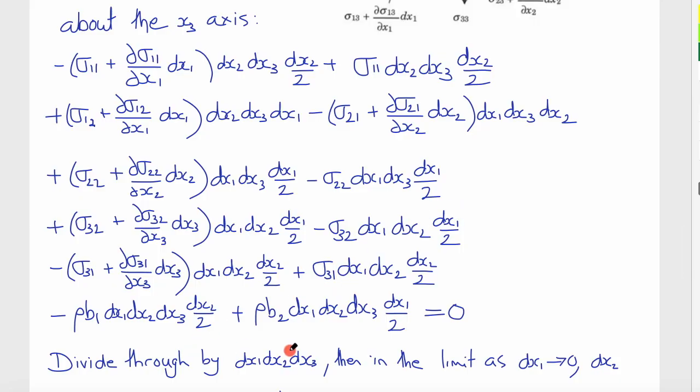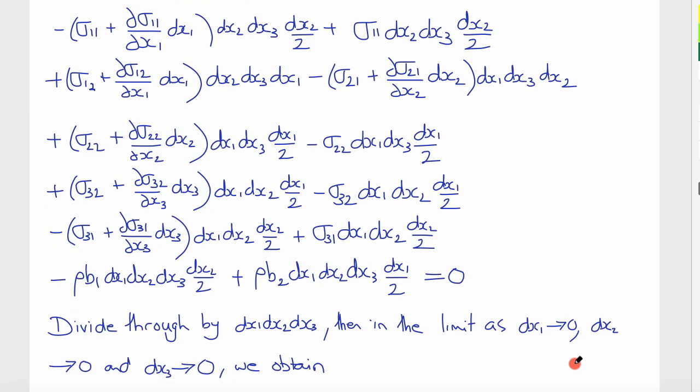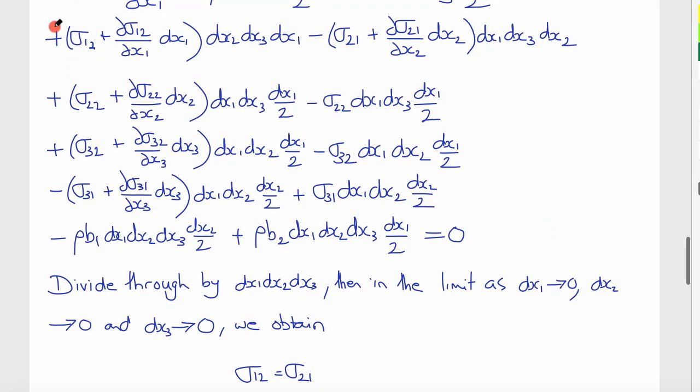Now we'll divide through by dx1, dx2, dx3, and take the limit as dx1 tends to 0, dx2 tends to 0, and dx3 tends to 0. And what that does is get rid of just about everything except sigma 1,2 and sigma 2,1.